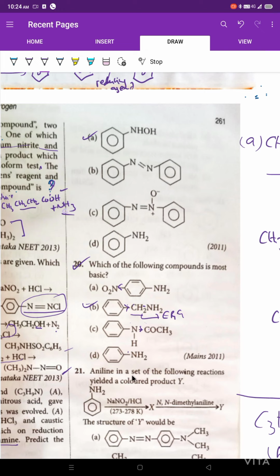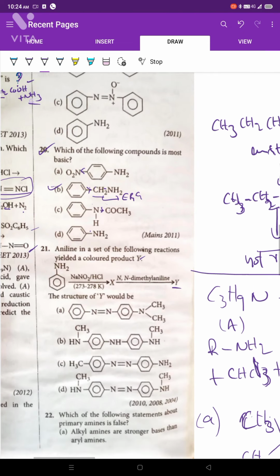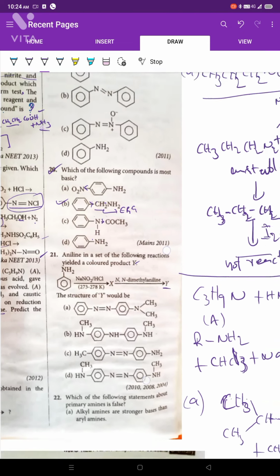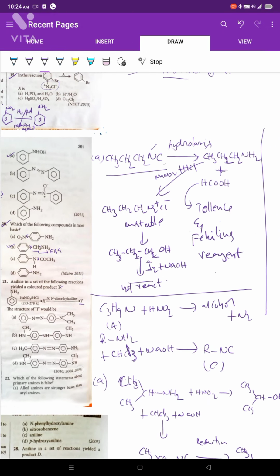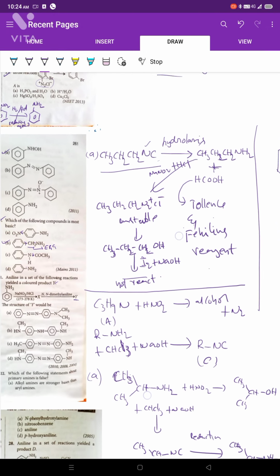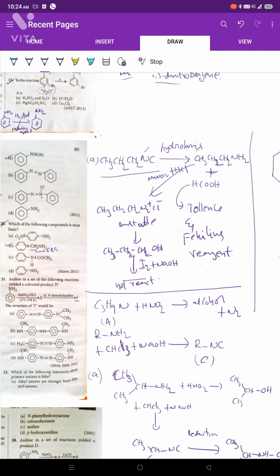Next: aniline reacts in the following reaction to give colored compound Y. Let us write the colored compound Y. This is very easy, and we already remember it from the previous point.